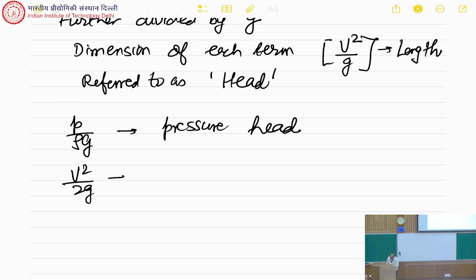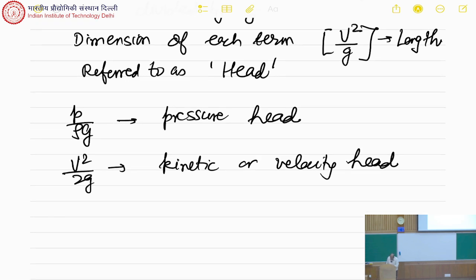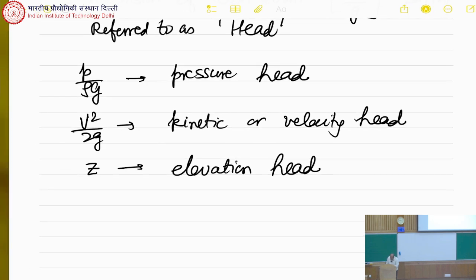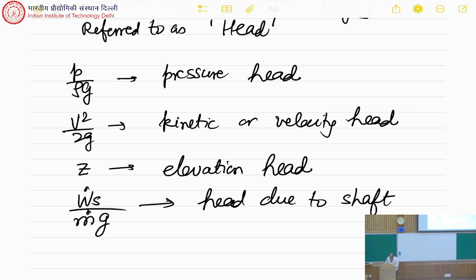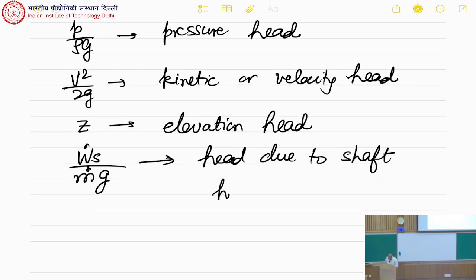V square by 2g is called the kinetic or velocity head. Z is called the elevation head. And Ws dot divided by m dot g is the head due to shaft, and you will have a head turbine or a head pump. Head turbine will be greater than 0. Head pump will be less than 0.